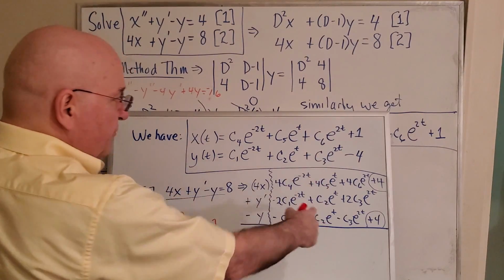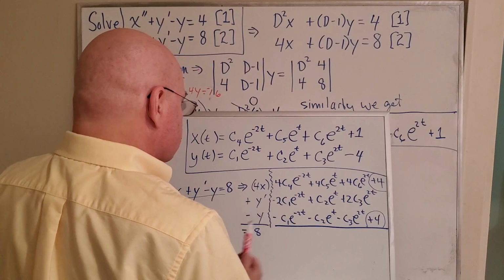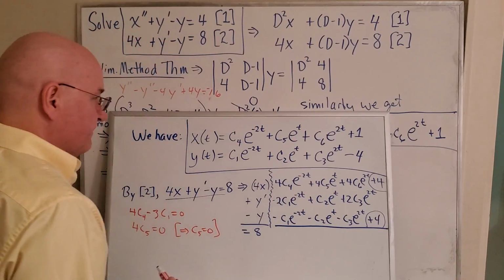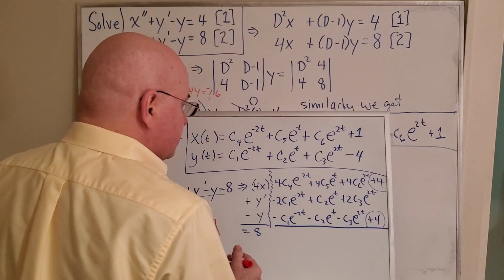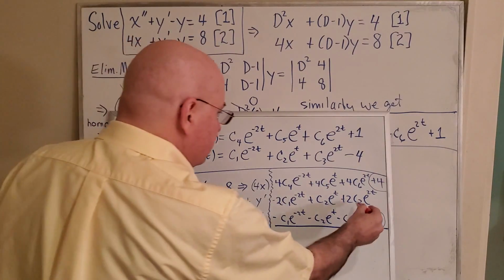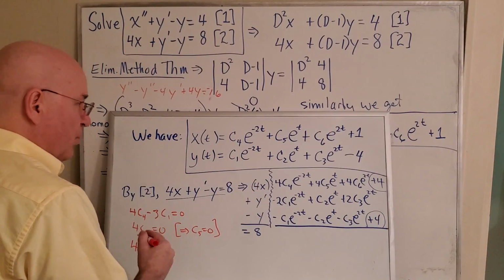And then the third column, we get how many? Let's see, are we doing okay? Yeah, we're good. On the last one, we've got C3s and C6s. So 4C6, and how many C3s do we have? 2 minus 1, so plus 1 C3.